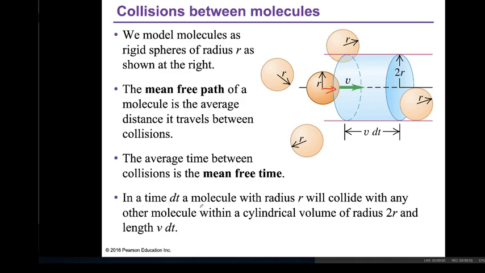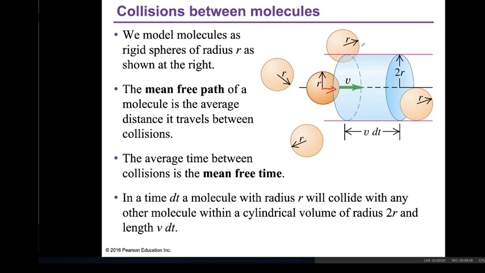In a time dt, a molecule with radius r will collide with any other molecules within a cylindrical volume of radius 2r and length vt. Because this molecule is moving to the right with velocity v, in delta t time it will move v delta t in distance.